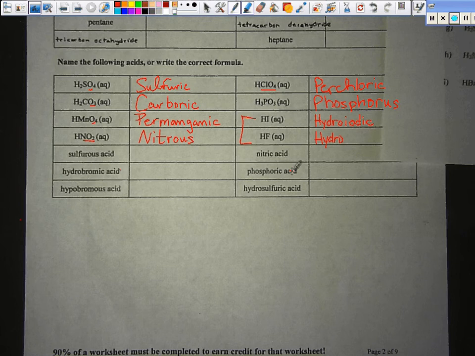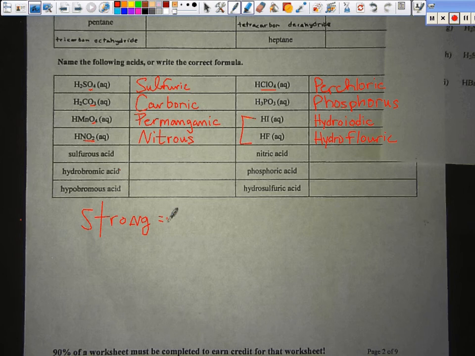Now, hydrofluoric is a really dangerous one. It's not strong, but it is dangerous. Because you're going to keep asking, how's it strong but dangerous? Or how's it not strong but dangerous? What did I tell you the basic definition of an acid was? H plus donor. Donor means to give. So if the HF gives it up, what has to happen to that couple? They've got to break apart. What makes it strong is that 100% of those break apart in a solution.